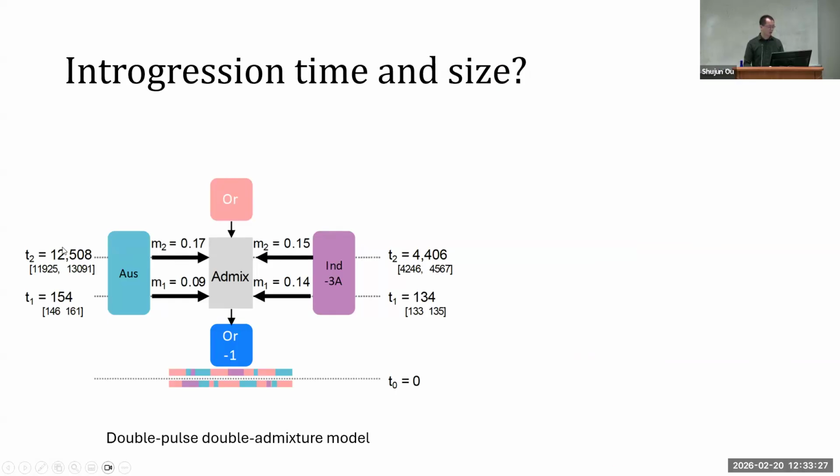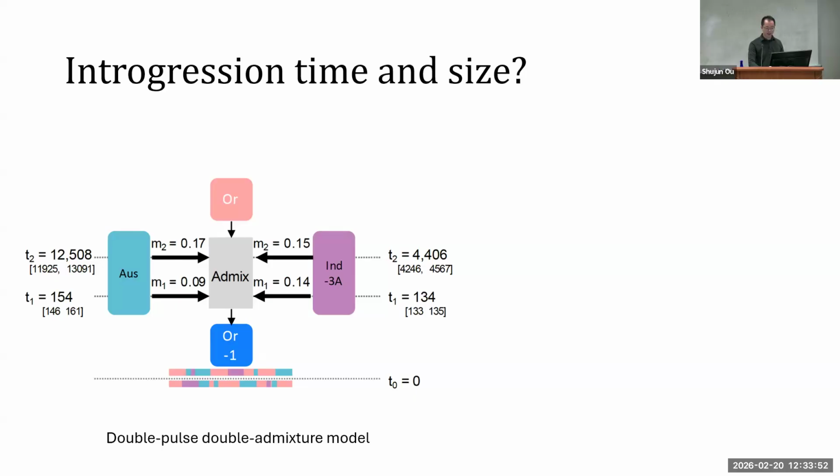The number here was generation time with confidence interval of 95%, and with the proportion of genome donated to the modern OR1 genome. So you see, there was one pulse of around 12,000 generations ago, and then for the indica 3A was 4,000 generations ago, and each of them donate quite a significant portion to the OR1 genome, making the nowadays observation.